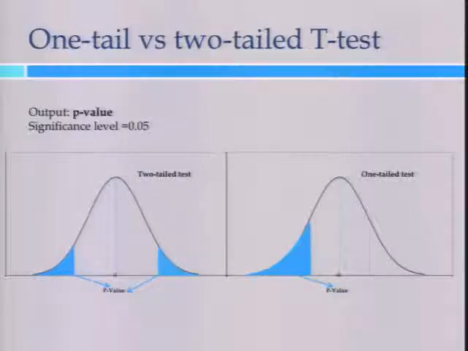So this test is usually utilized if previous knowledge of the experimental conditions leads you to believe it will change in one direction or the other. And as you can see, for a two-tailed t-test, keep in mind both tails contribute to the p-value, whereas in one tail, it's just the one tail that contributes.